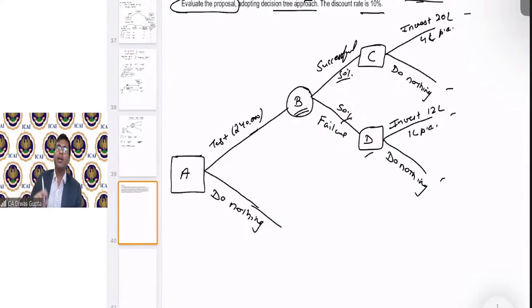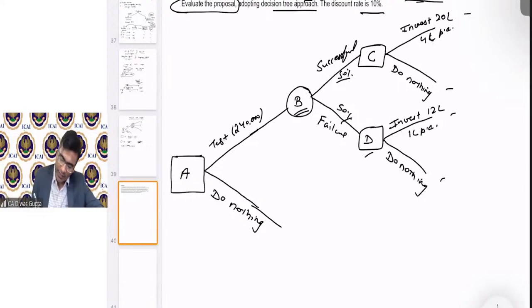So there are different tools that are used to make this decision tree. But as far as our understanding is concerned, we have to understand the tree and its analysis in a better manner. Now, once the decision tree is created, we have to work backwards, right? We will not start from A, we will start from the farthest node, which is C here.